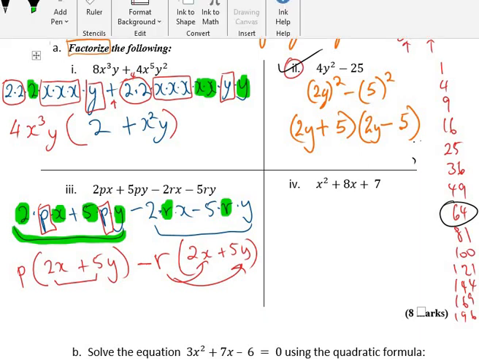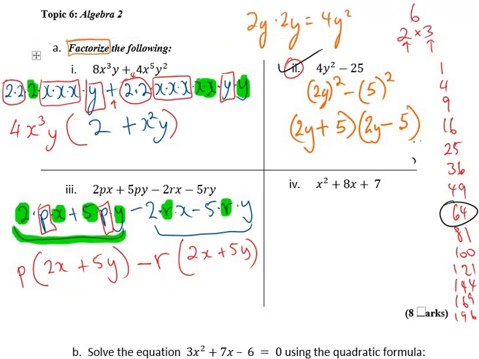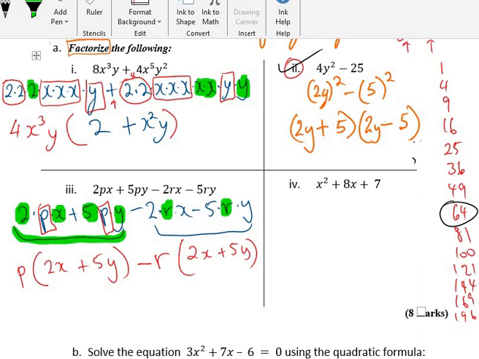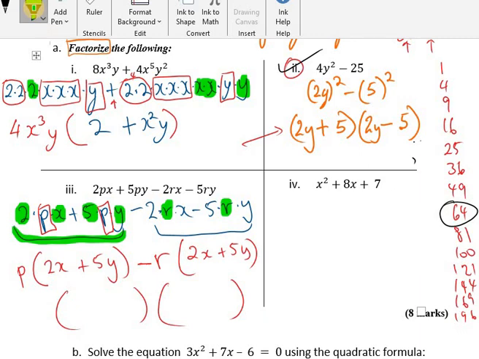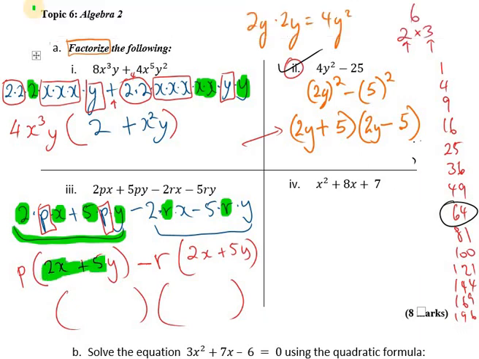Now the next step after this is to complete the factorization. We're going to look at what we have in brackets. We should end up with 2 pairs of brackets, just like we did with this one over here. But we're not going to have a binomial and its conjugate. We're going to have a binomial, but not with its conjugate necessarily. In brackets, if you notice, we have 2x plus 5y and 2x plus 5y.